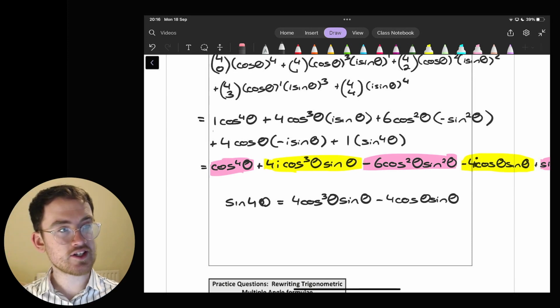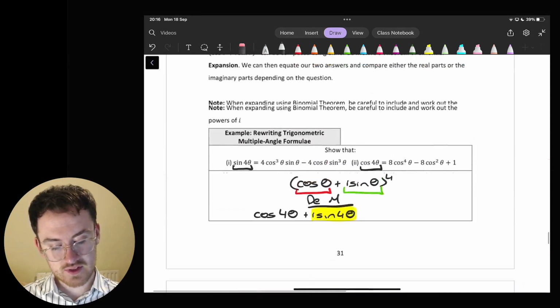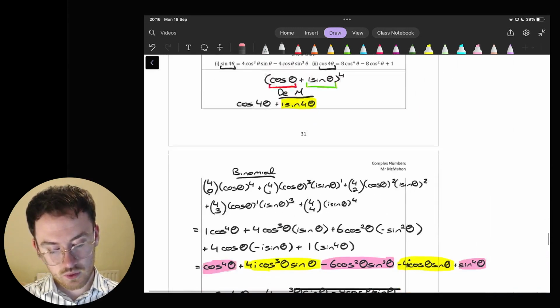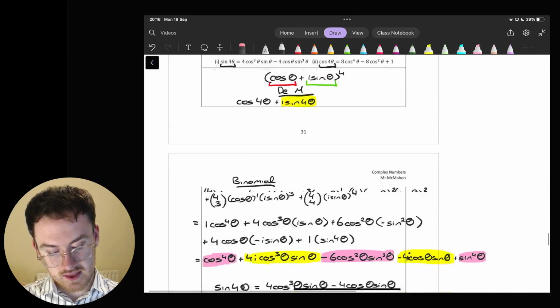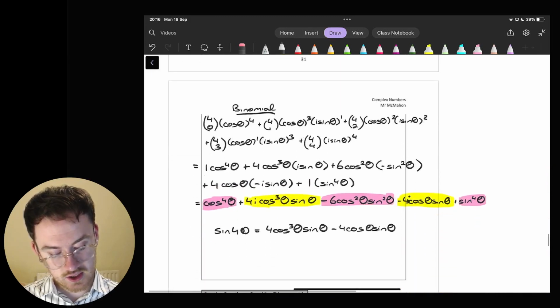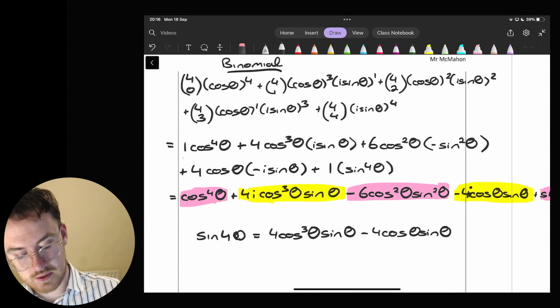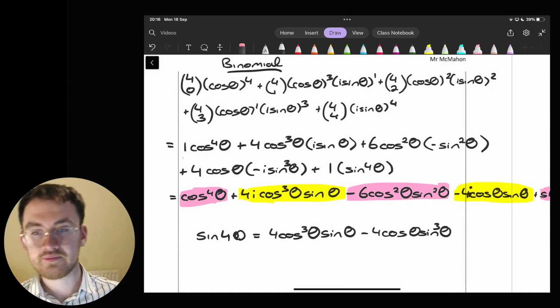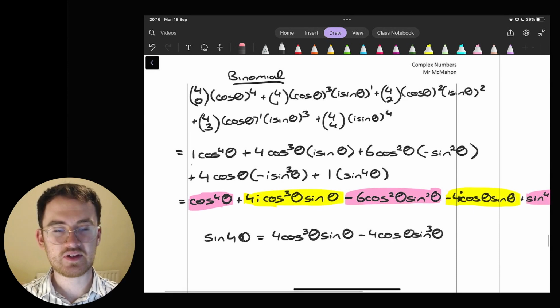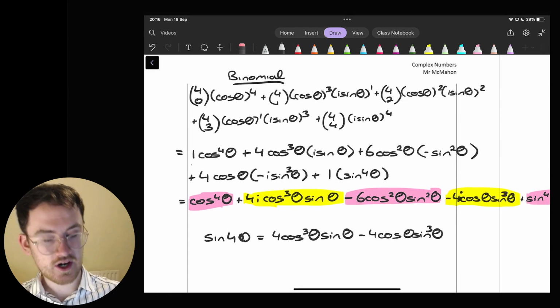And if we look at our question and what we were asked to prove, that sine 4 theta equals 4 cos cubed theta sine theta minus 4 cos theta sine cubed theta, that is exactly what we should have there. I just forgot to put in the cubed. Whoopsie daisy. Okay, there we go. Lovely. So we've got that part figured out.